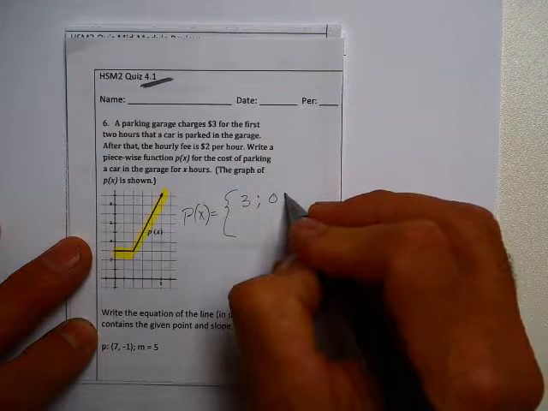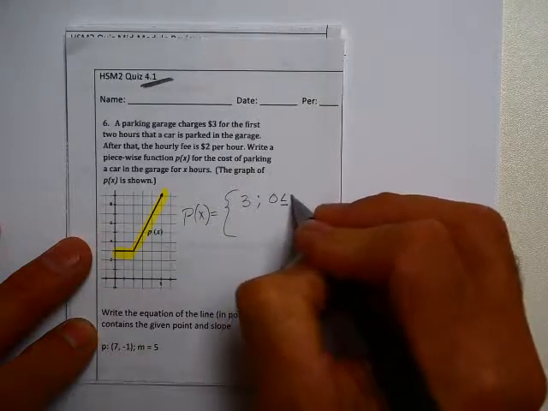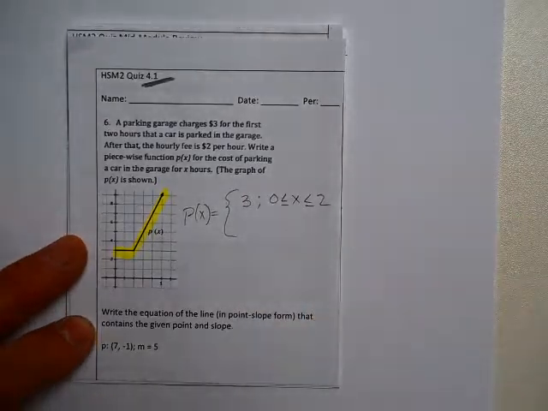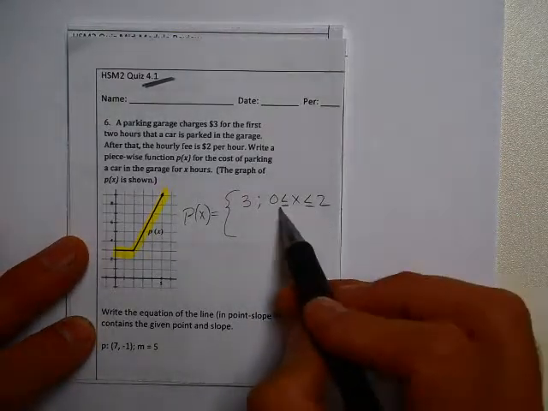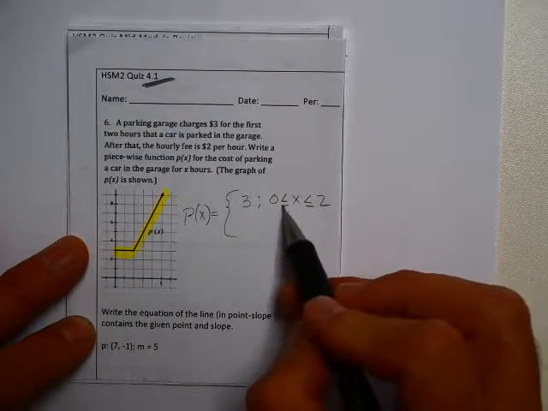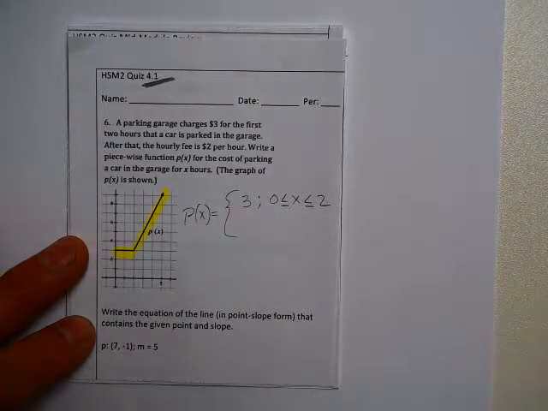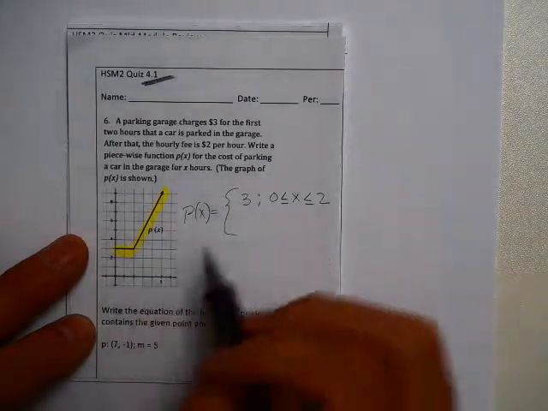So 0 is less than or equal to x is less than or equal to 2 hours. Now, this equality is necessary here, but this one is not. It needs to be included at least once. So we'll put it here, but it could have been in another spot.